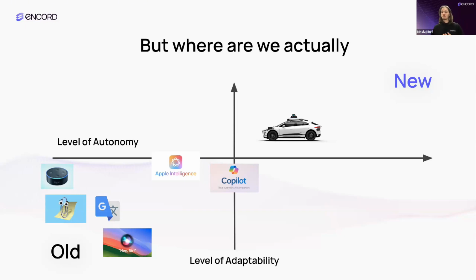Next, we can talk about what Apple is planning to do with Apple Intelligence and what Microsoft is planning to do with Copilot. Here we have a certain level of adaptability in that it can adapt to a changing knowledge database or a changing set of records that it can reference. It can adapt based on what you tell it. So you can imagine if you prompt ChatGPT or Claude, it can adapt to the different prompts that you give it, but it's not fully autonomous yet.